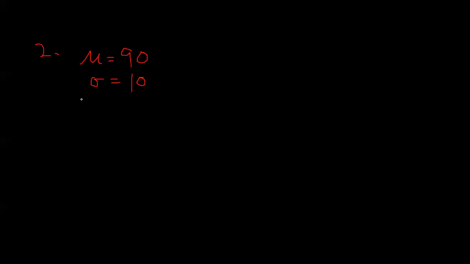What is another point that we got here? If you refer carefully to the question, we are going to say let X be the random variable that represents the speed of cars.